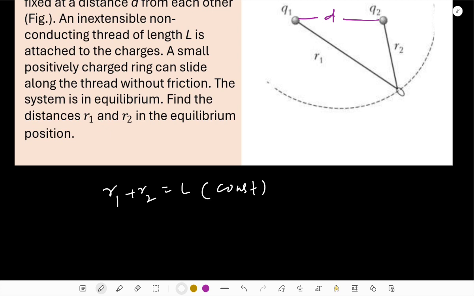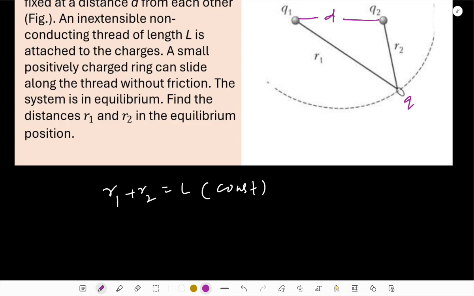Suppose the charge on the ring is Q, then Q must be positive, otherwise it could not happen. Charges should have the same sign. So the minimum potential energy of the system will be equal to 0, nothing else.